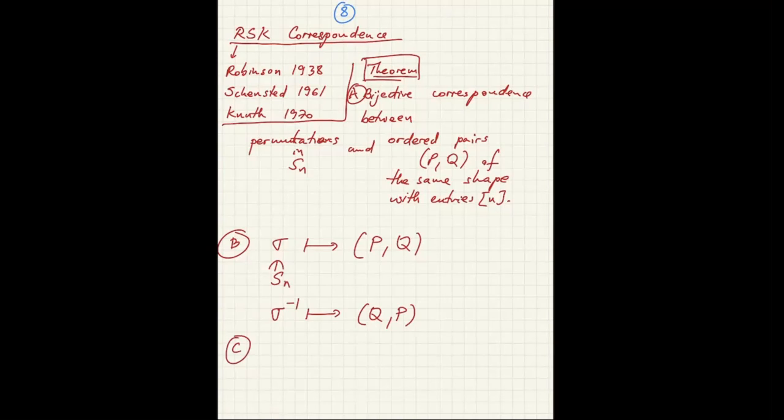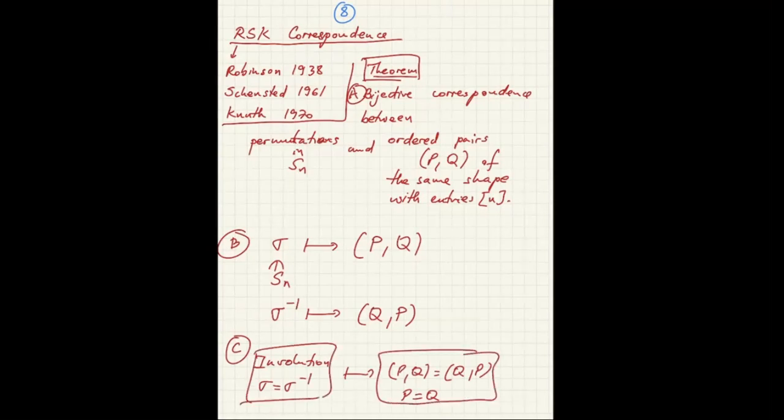And what happens is that if you have an involution, then sigma equals sigma inverse. So in that situation, the pair (P, Q) is the same as the pair (Q, P), so basically P and Q are the same. This way, as sigma runs through all the involutions, the image runs over all the tableaux with n entries. Okay, so let me give you an idea about how this is done.